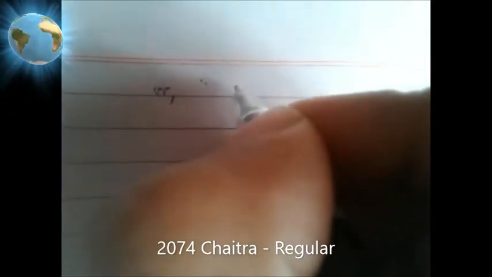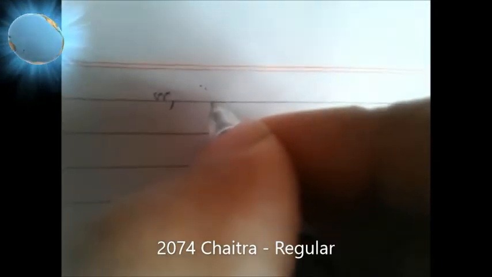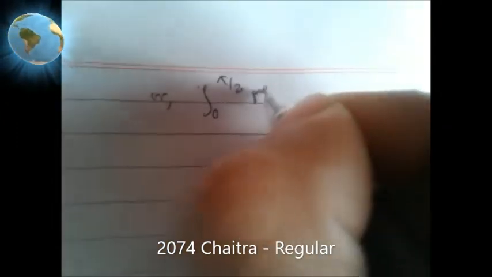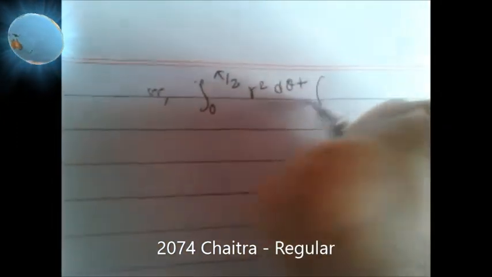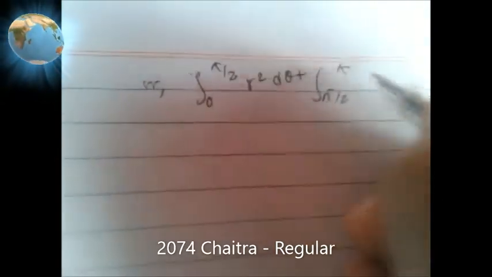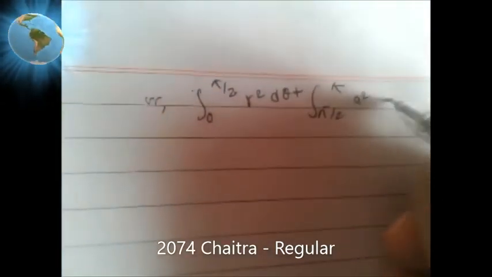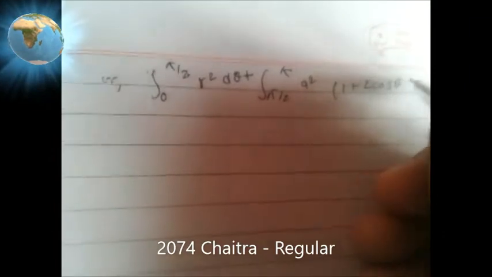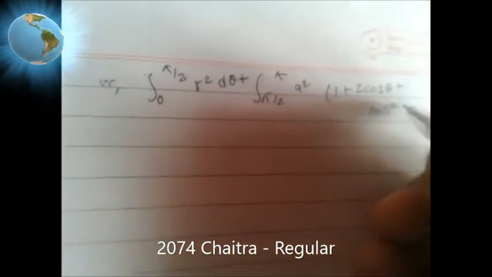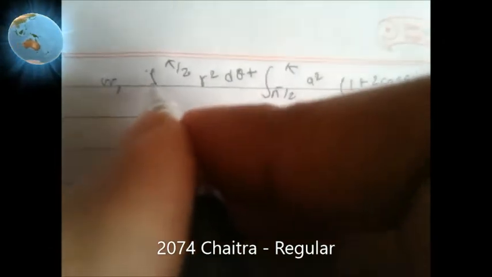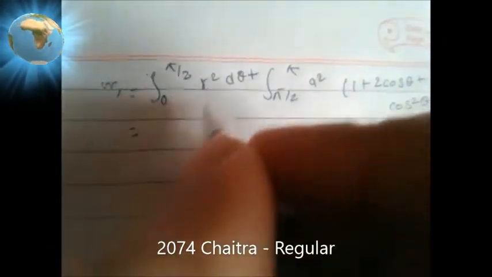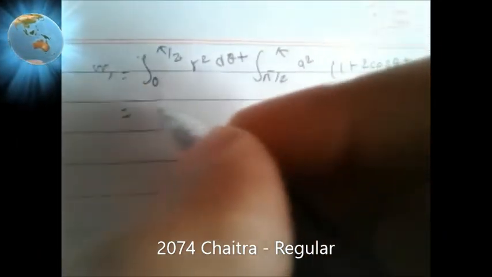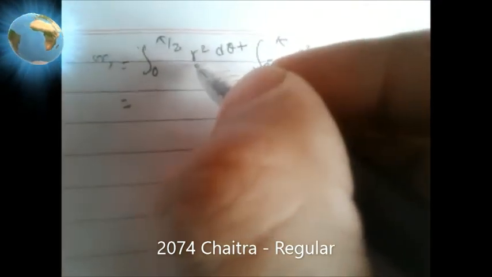1 by 2 is common, so the 2 will be cancelled. So we do 0 to pi by 2 r square d theta plus pi by 2 to pi a square. We expand the formula, and it would be 1 plus 2 cos theta plus cos square theta d theta. Then r square is a square, so a square can be taken out.